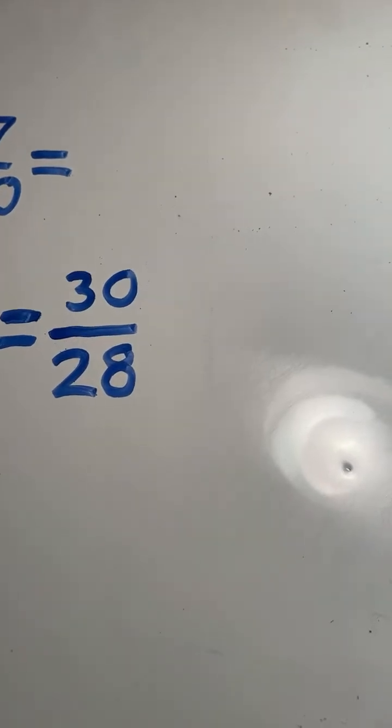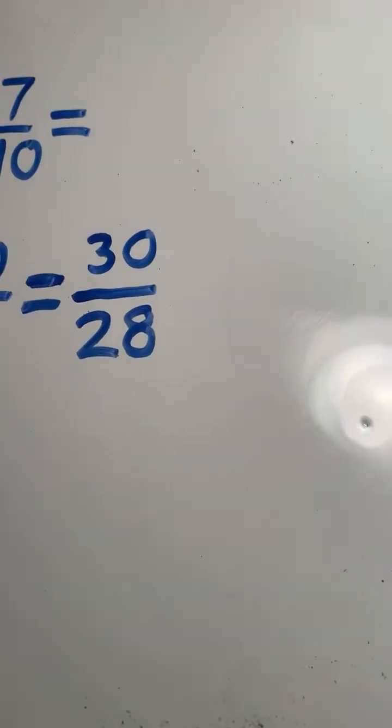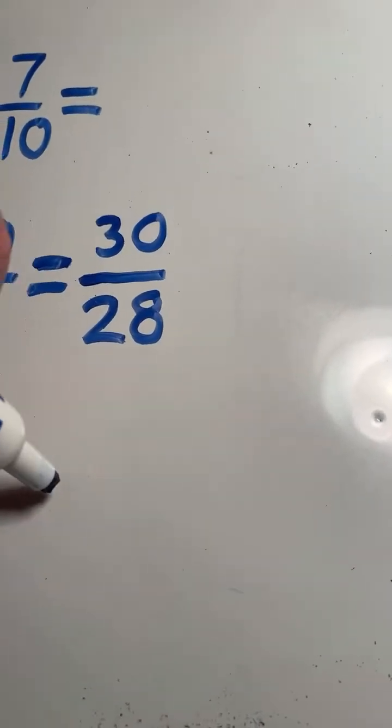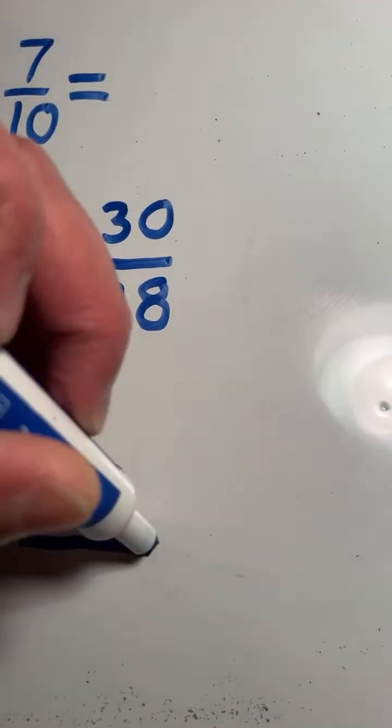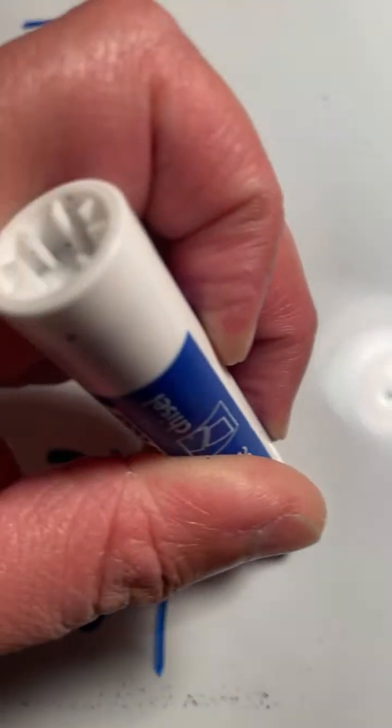Next, we are going to reduce 30/28 to lowest terms. So again, to reduce something to lowest terms, we divide the numerator and the denominator by our greatest common factor.